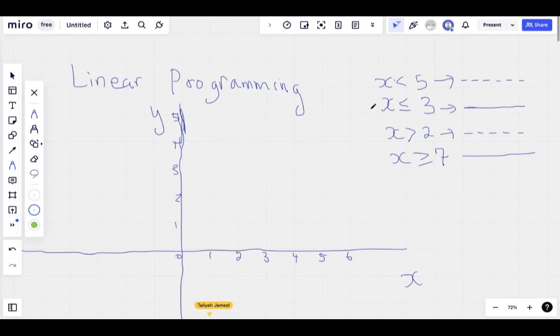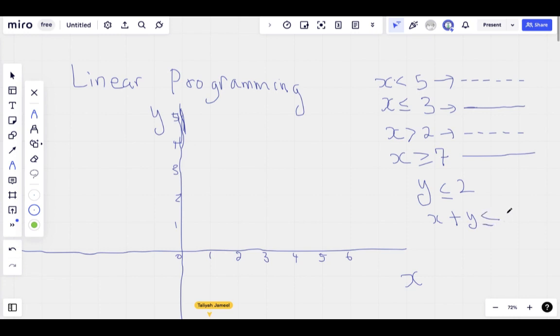For example, if I say x is less than 5, let's say we have another one, y is lesser than or equal to 2, and then we have x plus y is lesser than or equal to 4.